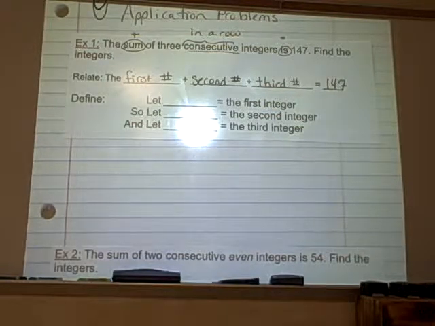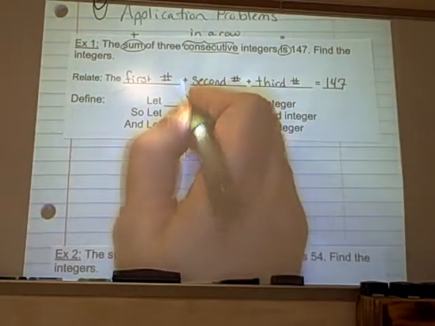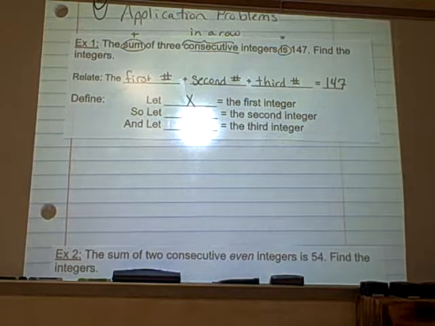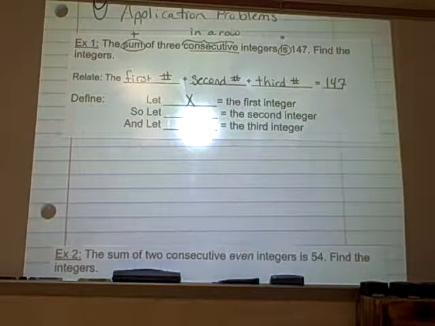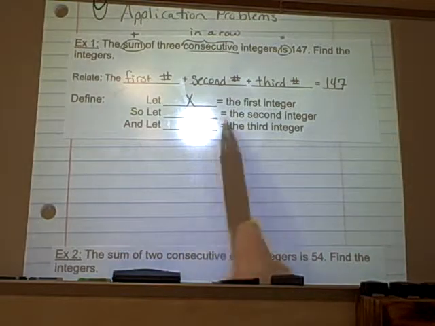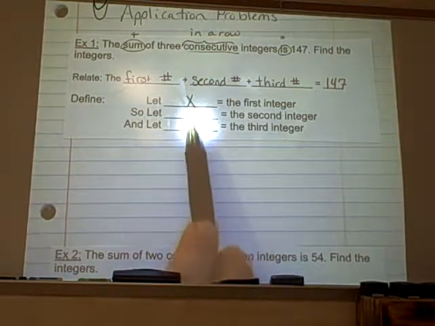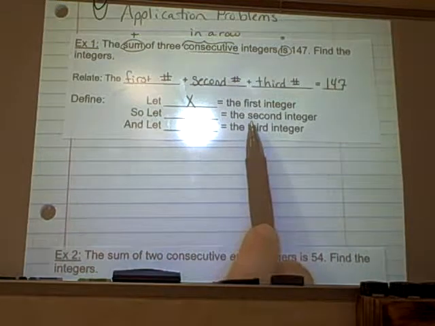So we're always going to let x equal the first number, or n, or whatever variable you want to use. I'm going to use x. So let your variable equal the first integer. If they're in a row, how might I write this using the x? What would you do to x to get to the next one? Add what?